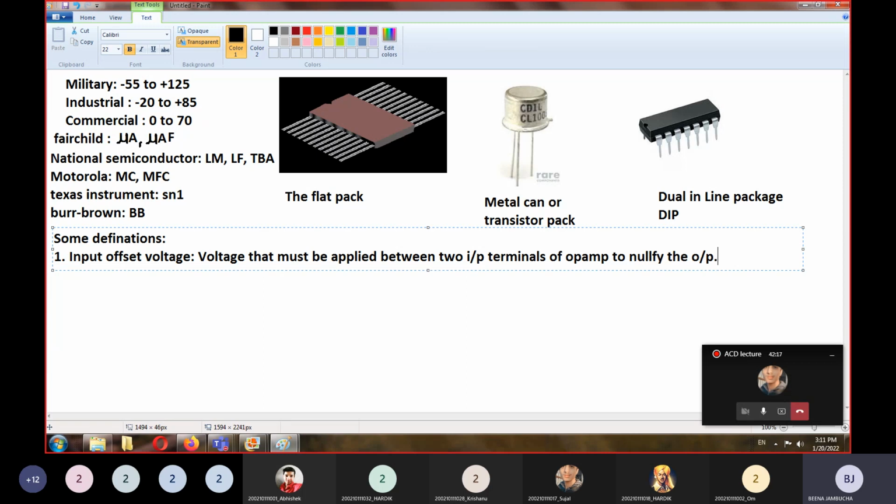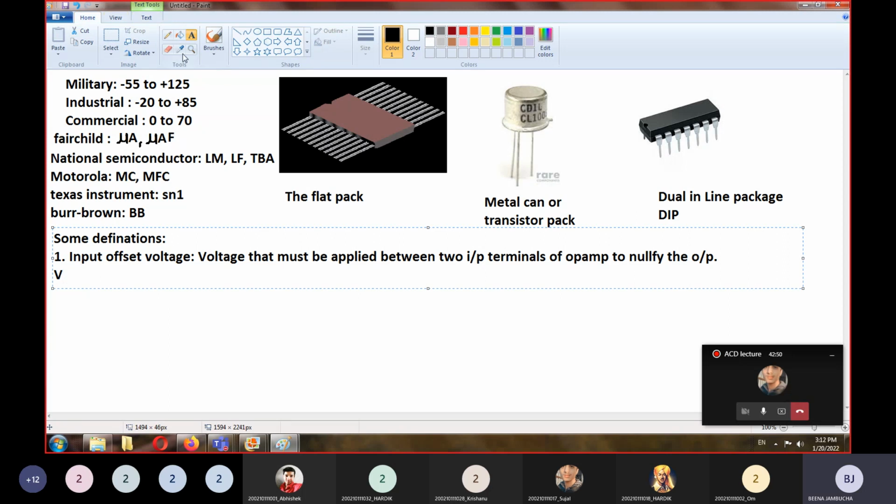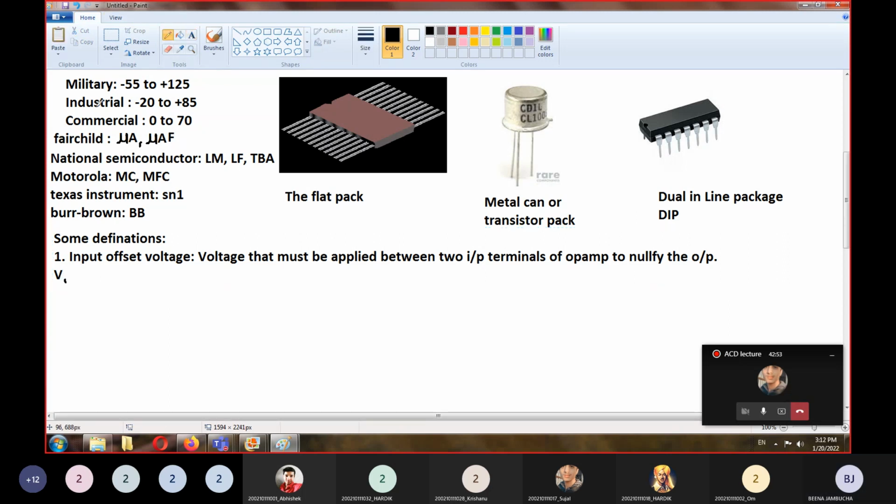And for specific ICs, this range is also specific, and it cannot move further than this. So if we are using the 741, this value is indicated by VIO, V suffix IO, meaning input offset voltage, right?